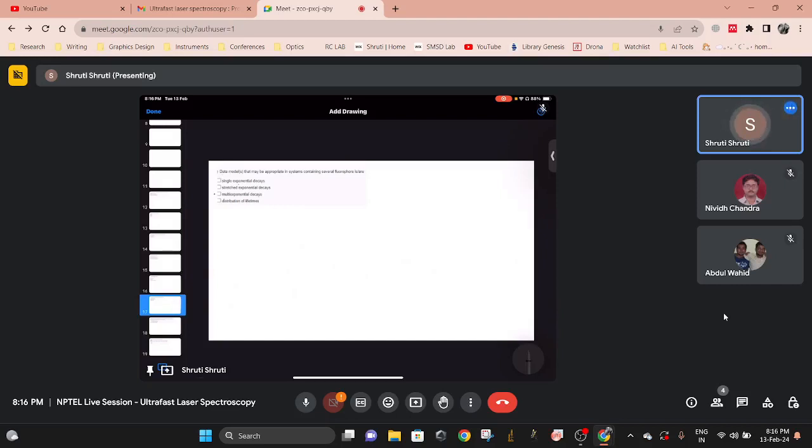So the answer here will be C and D. If you have multiple fluorophores, single exponential will never work. Single exponential only works in a very homogeneous sample, and if you have several fluorophores, it will definitely not have a single exponential decay.